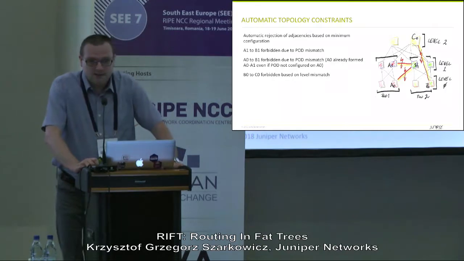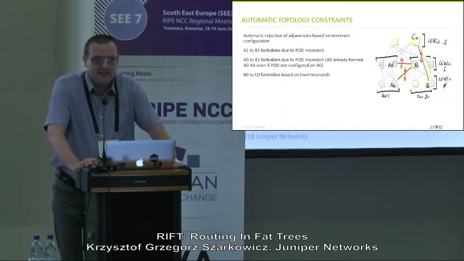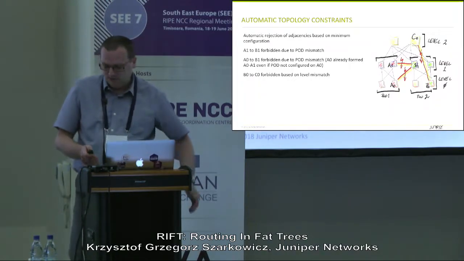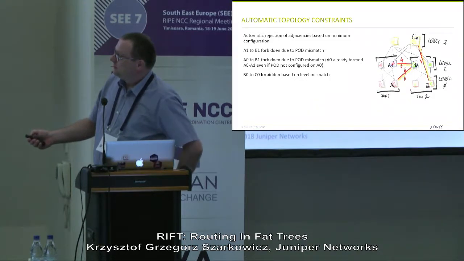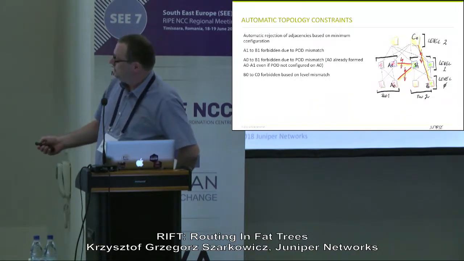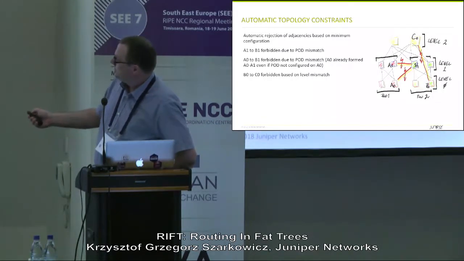All right, the requirement from the DC fabric guys was to have automatic discovery of miscabling. So if you have thousands of switches and you start to cable these thousands of switches, it might happen that you miscable something. And here we have built-in detection of miscabling. So basically, imagine this is level 0, this is level 1, this is level 2, and these nodes belong to pod 1, these nodes belong to pod 2.